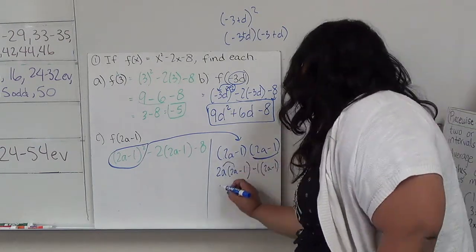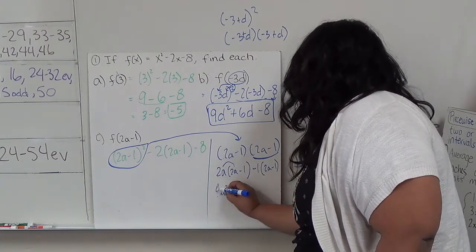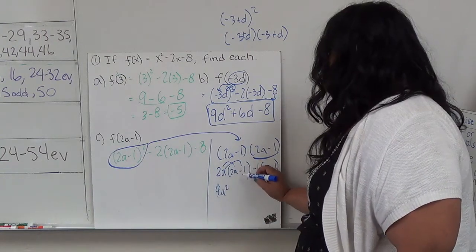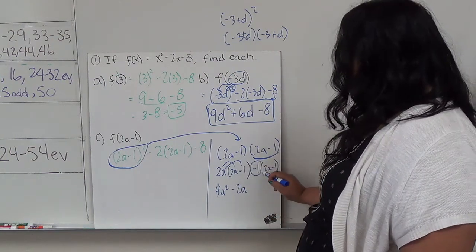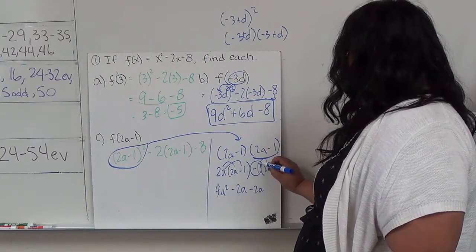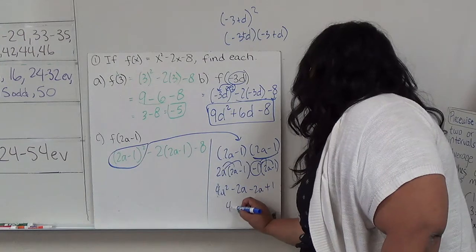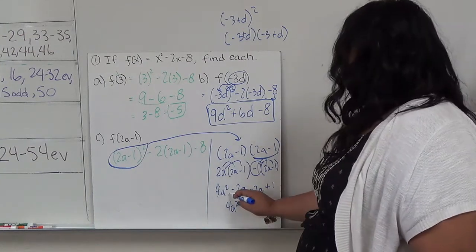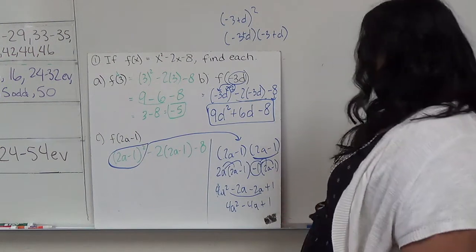So this becomes 4a squared, and this becomes minus 2a. Now I bring the whole sign here. This is negative 2a, and this negative 1 times negative 1 is plus 1. So this is 4a squared, and this together makes minus 4a plus 1.